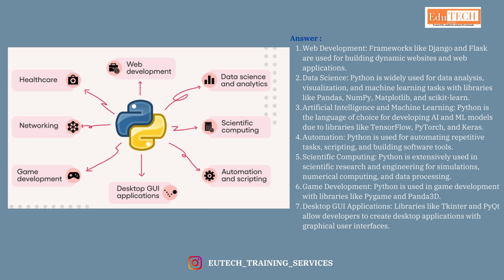Game development. Python is used in game development with libraries like Pygame and Panda 3D. Desktop GUI applications. Libraries like Tkinter and PyQt allow developers to create desktop applications with graphical user interfaces.